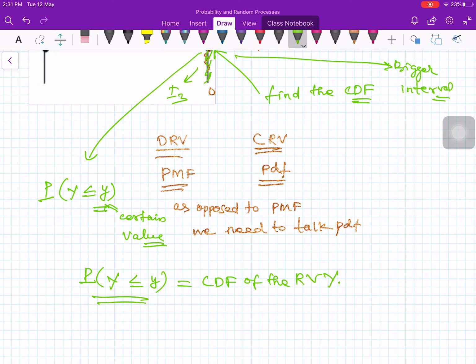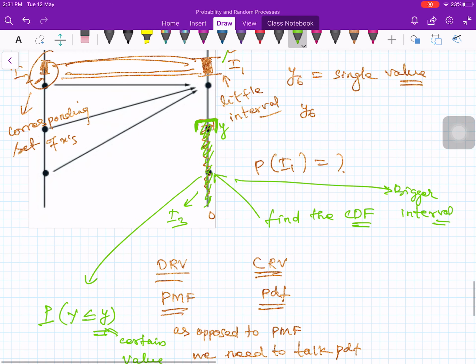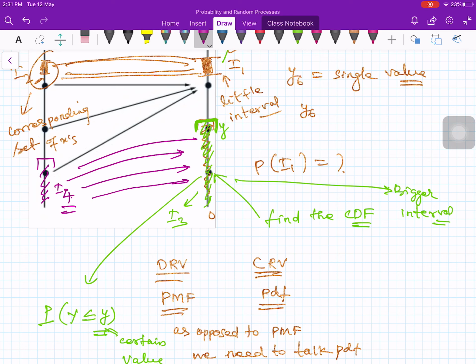Now this set of y's, this I3, gets produced by some corresponding set of x's. Let me say these are my corresponding set of x's, I4. So in the interval I4, I have some corresponding set of x's that map into y's.